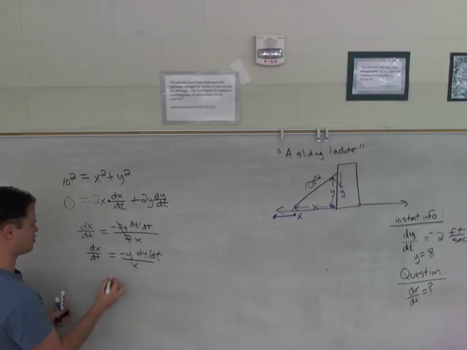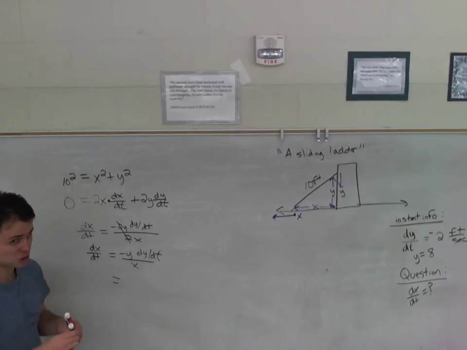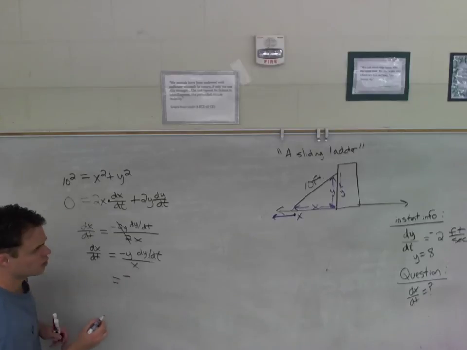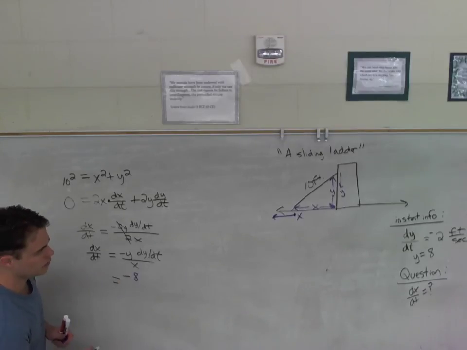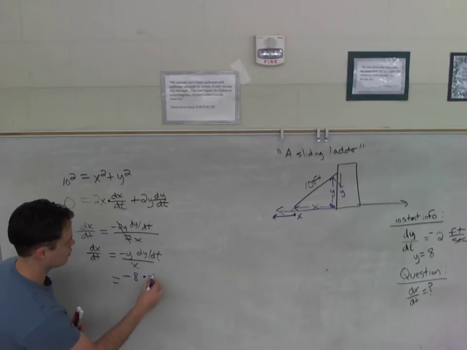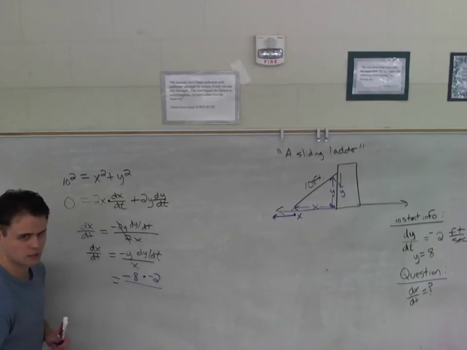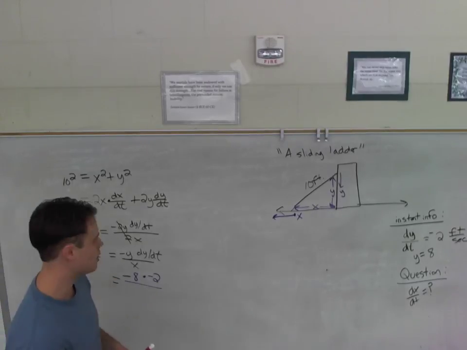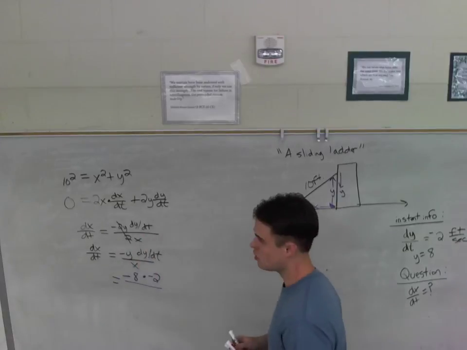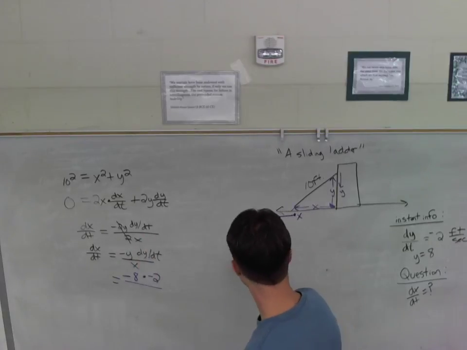Hopefully it makes sense too, right? Our coordinate system should match up with that. So if I go negative 8, dy/dt, we were given that was negative 2, right? Were we given x? Do you see x over there in our list of stuff? So this is where a lot of the time, when you're plugging in your instant stuff, you have to redraw your picture.